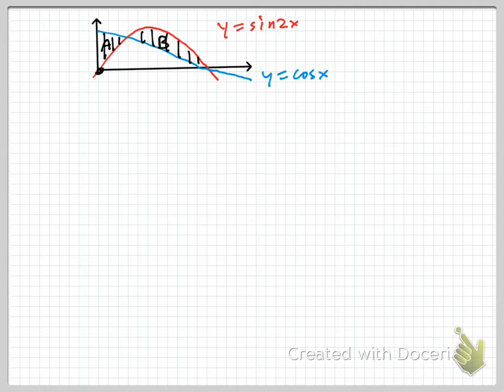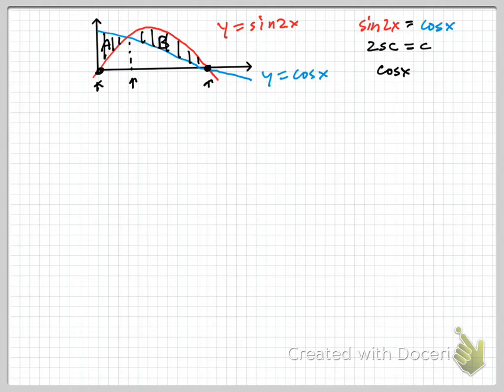And also we need to find the boundaries. What are these values of x, so that we can have the proper boundaries? We can do it by solving the equation sine 2x equals cosine x. Sine 2x is just twice sine x cosine x equals cosine x.